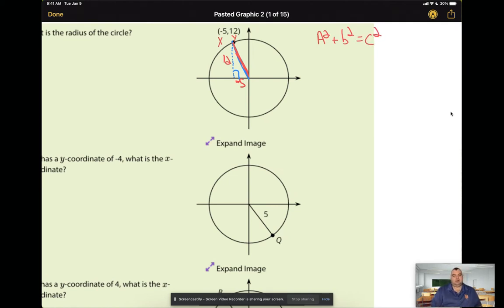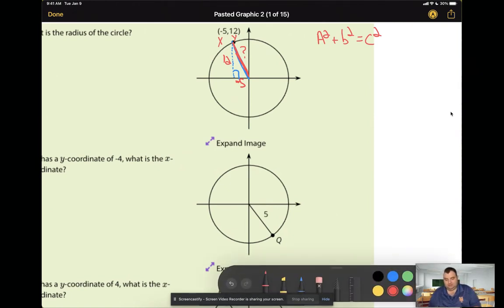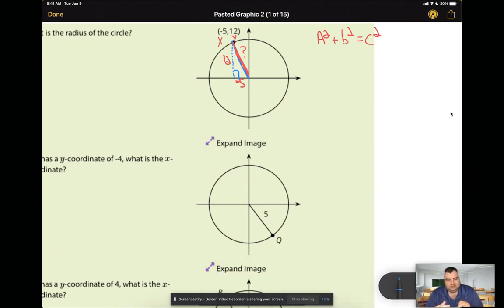So remember, with the Pythagorean Theorem, c is always your hypotenuse. A and B are your two legs. In this case, your legs are 12 and -5. Does it matter which one is A and which one is B? No, it does not. So when I plug into my Pythagorean Theorem formula, it's going to look something like this.